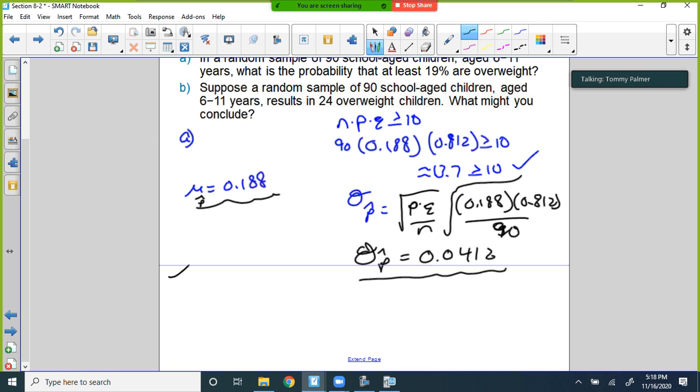So if you kind of look at this, 19%, which is 0.19, is over here somewhere. We're wanting to find out all this area, right? At least means 0.19 is the bottom end of your limit, right?